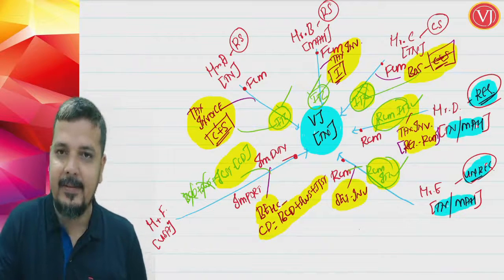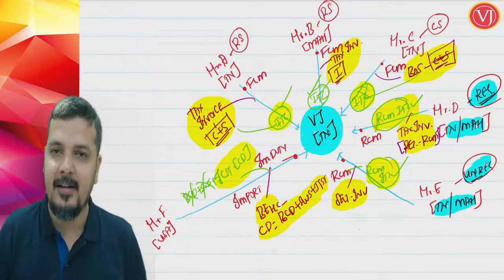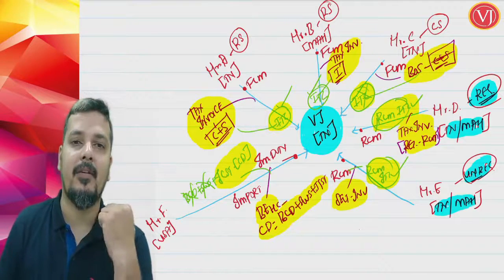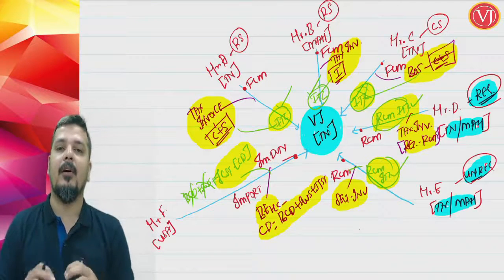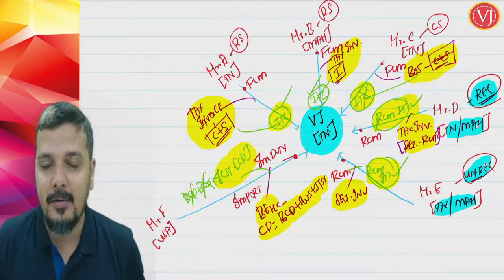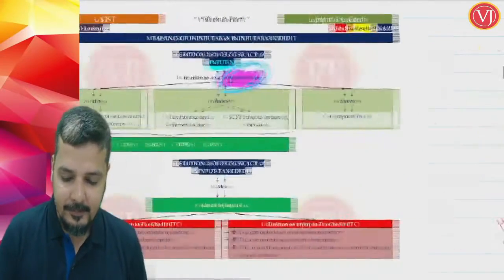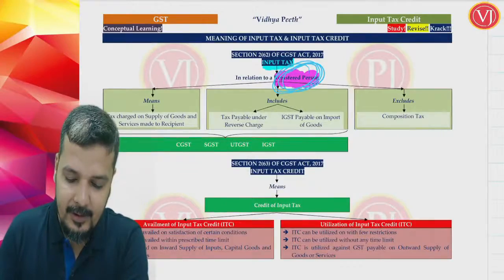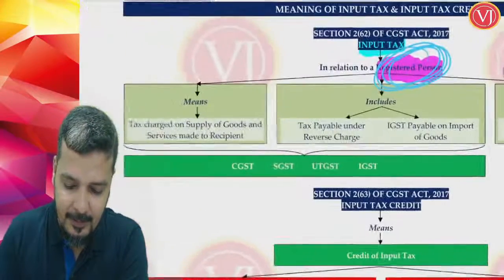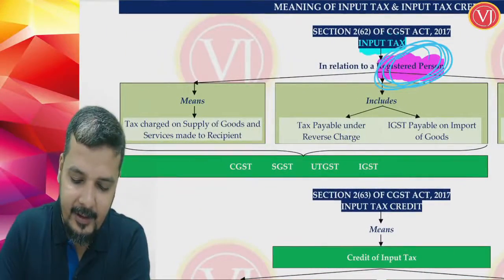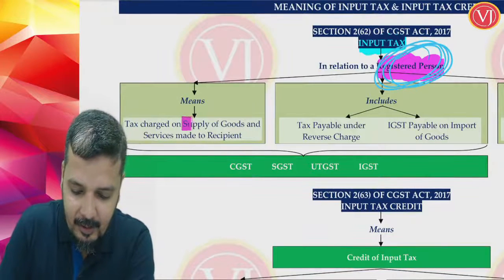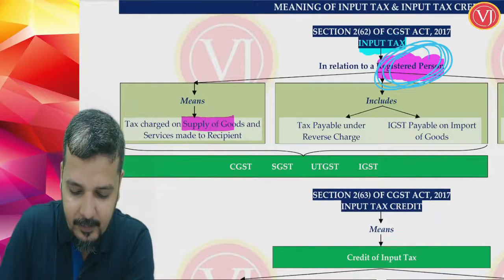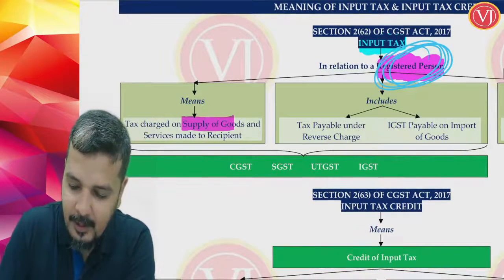Now this entire example will not only make you understand the concept of input tax credit, but also the concept of your documents. Understand that input tax in relation to a registered person means tax charged on supply of goods or services made to a recipient.